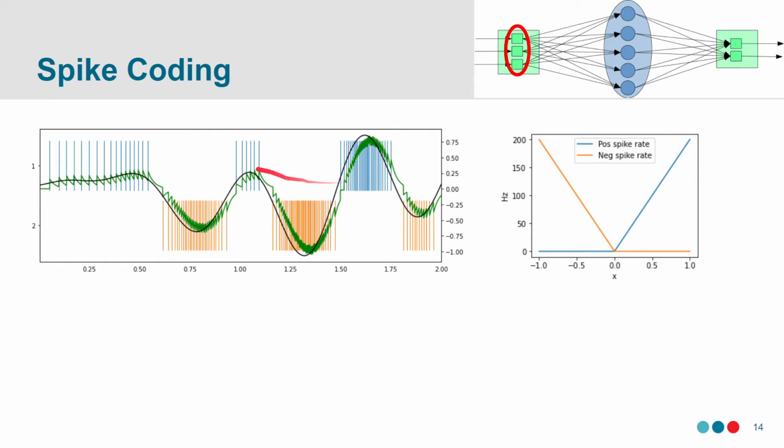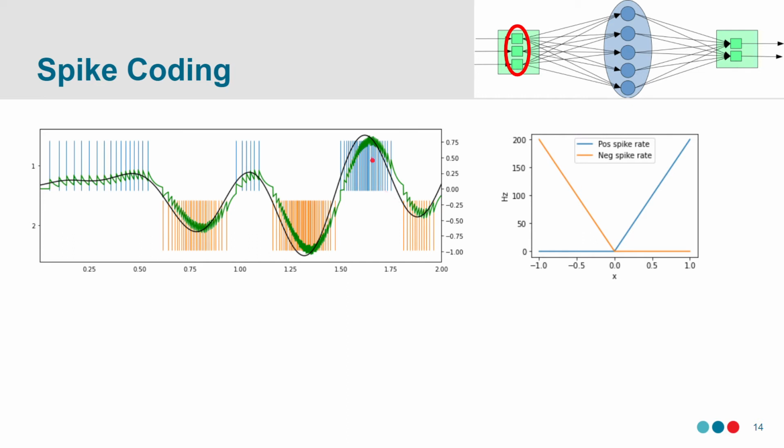So here's one possibility. This black line is the continuous value that we're encoding. Now I've got two different spike trains being generated: positive spikes and negative spikes. Why would I want two different ones?